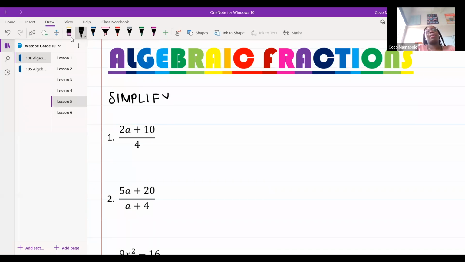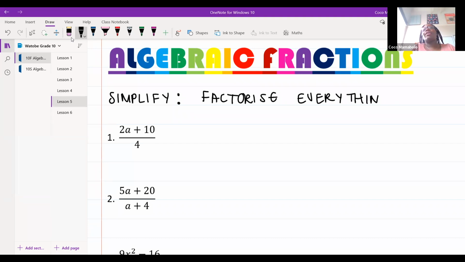And I know that in the beginning I said simplify means take away the brackets. And in essence, it does, because that's what we're going to be doing here. But what we want to do when we get to algebraic fractions is we want to factorize everything. Everything. Just factorize.